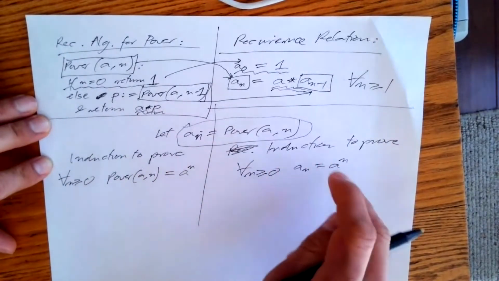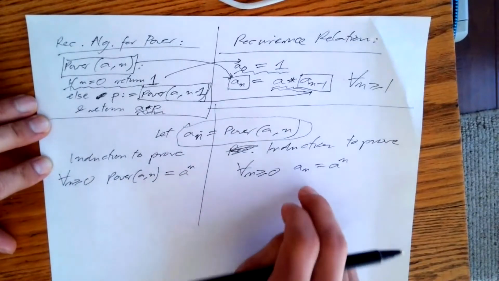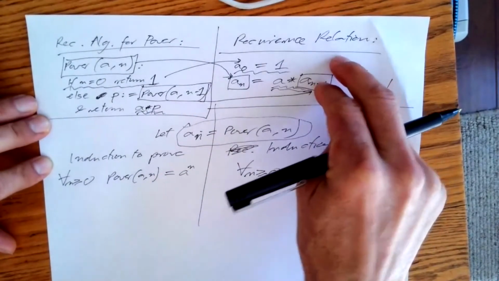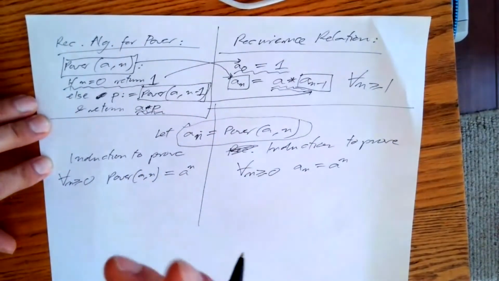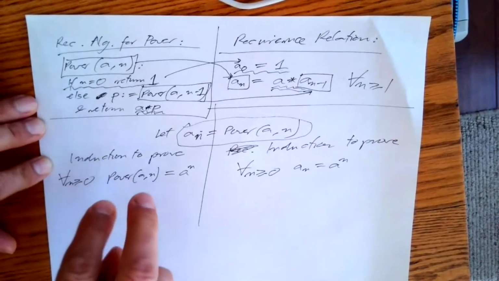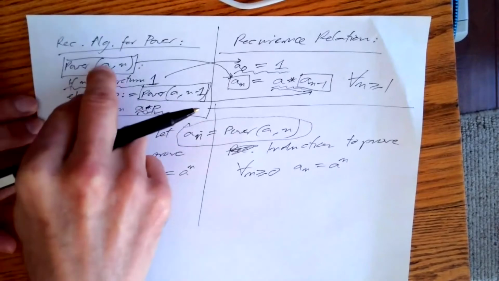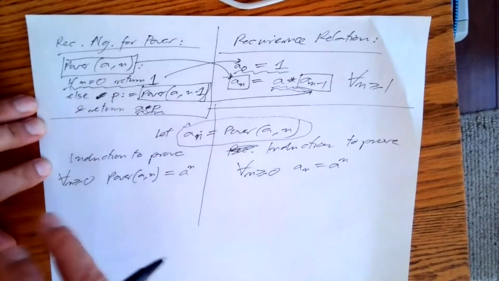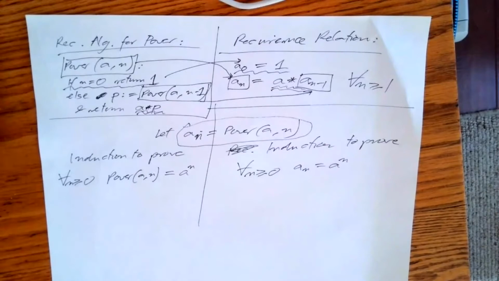So the inductive proof for this recurrence relation is identical to the inductive proof we just did, which proves this about this piece of code, right? Because these are the same things, just in a thin disguise.